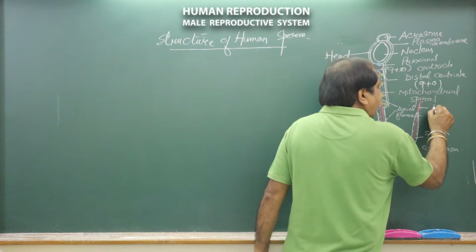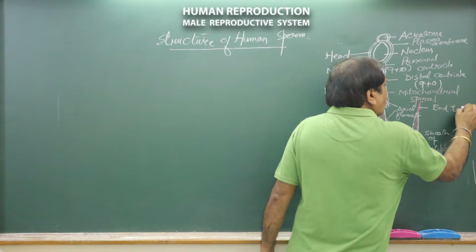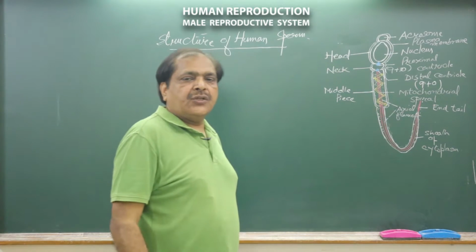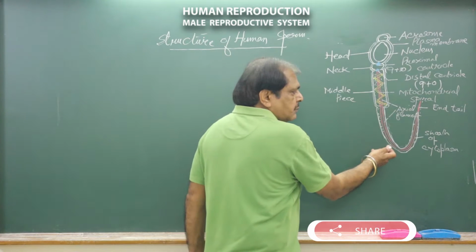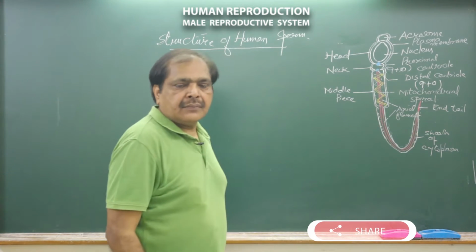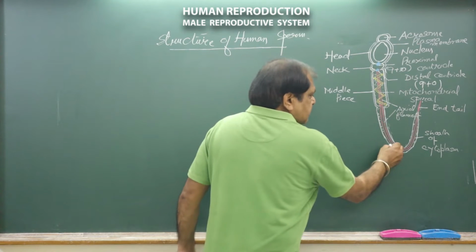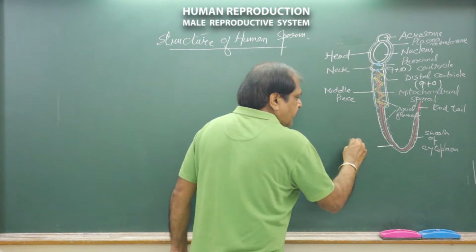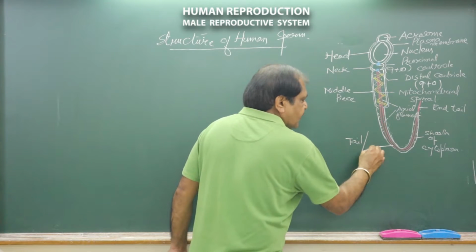This is called the end tail or terminal tail. This is the sheath of the cytoplasm, this is the tail, and this is the flagellum.